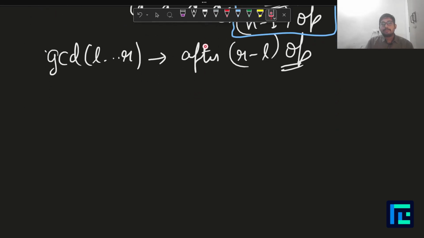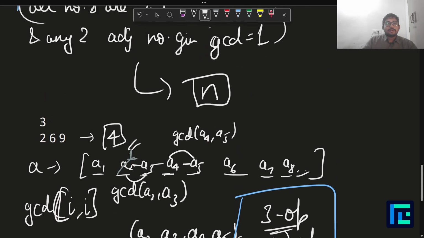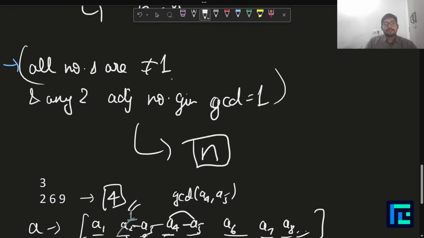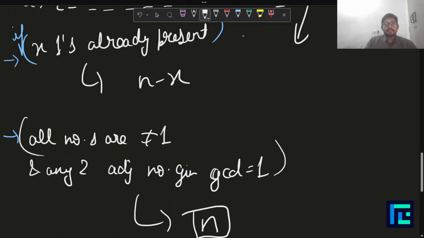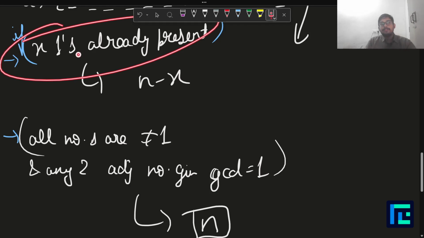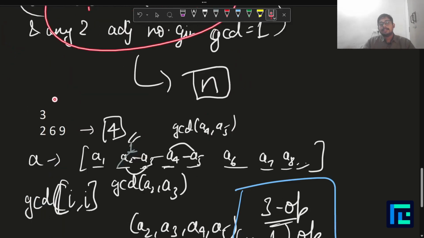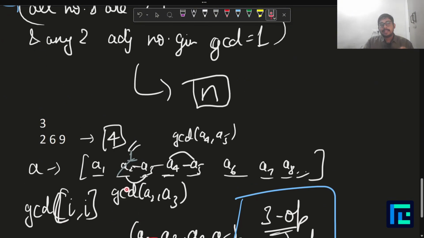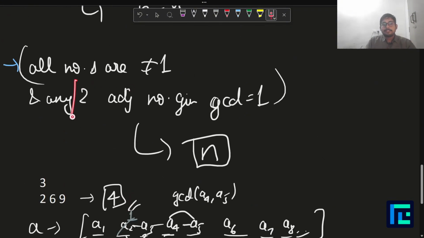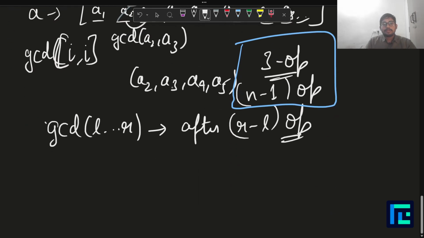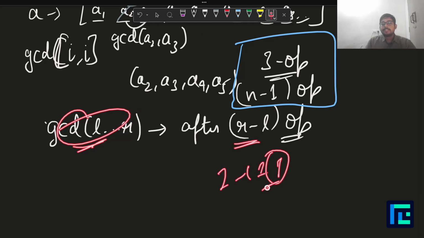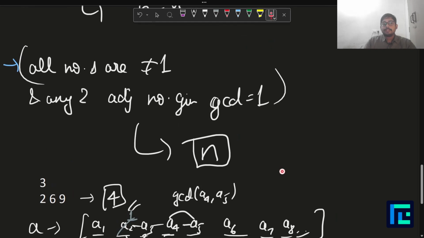So what we can say is, for the rest of the part, you can say the else of this. This case can also be proved through this concept only. If there are any two adjacent elements that give a GCD of 1, that means you have got a range of size 2. That means you would require 2 minus 1 operation to get a 1.